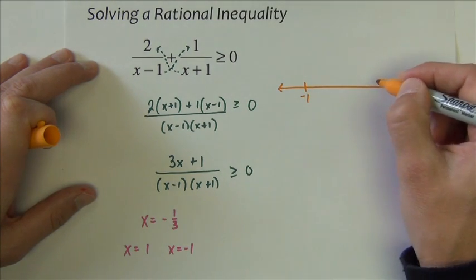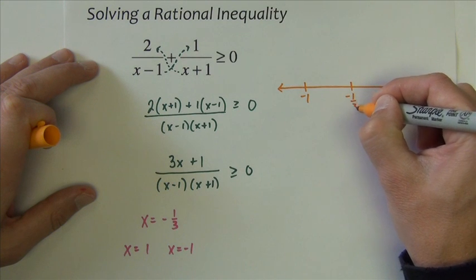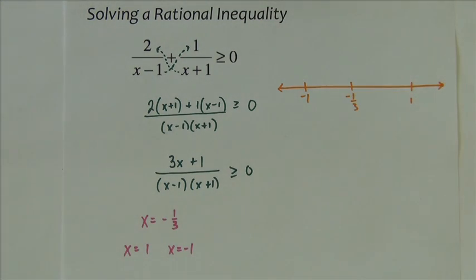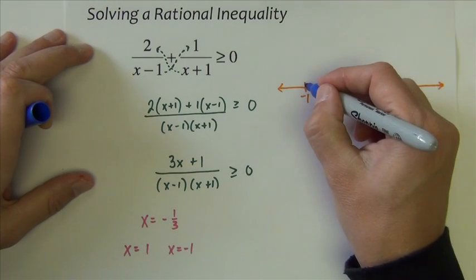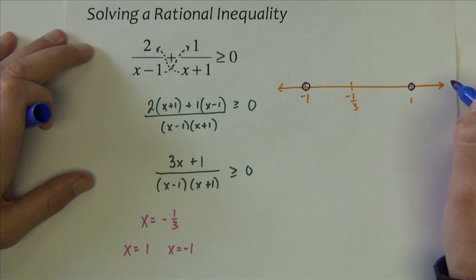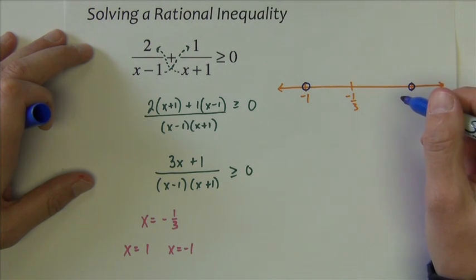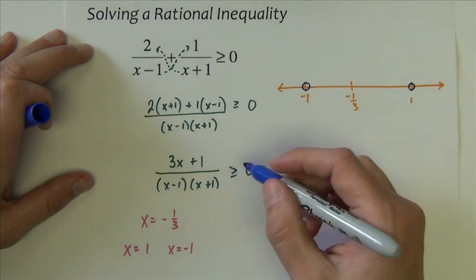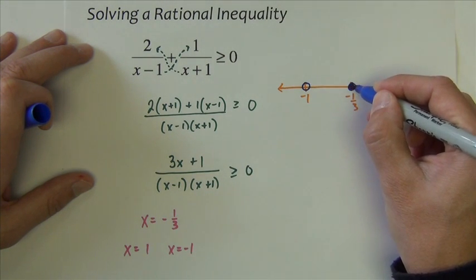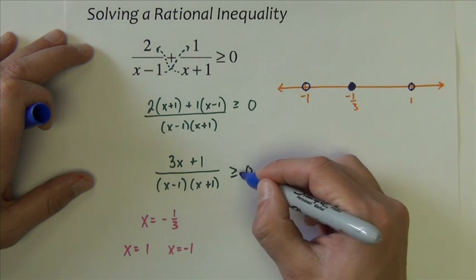Negative 1 is the smallest, then negative 1/3, then 1. As far as the circles go, the denominator points have to be open circles, always, because if they were equal, we'd be dividing by 0 at that point. So denominator always open. This negative 1/3 is going to be closed because it's equal to.